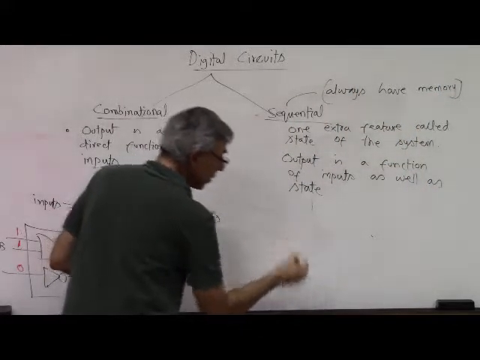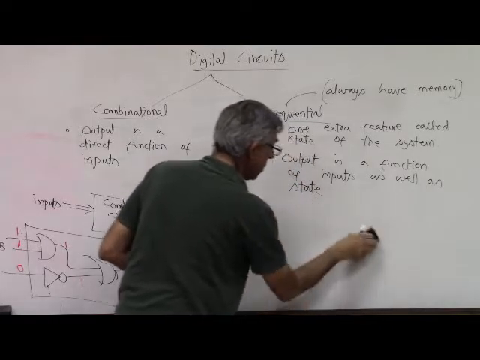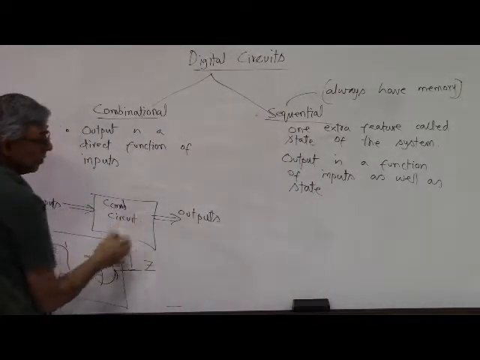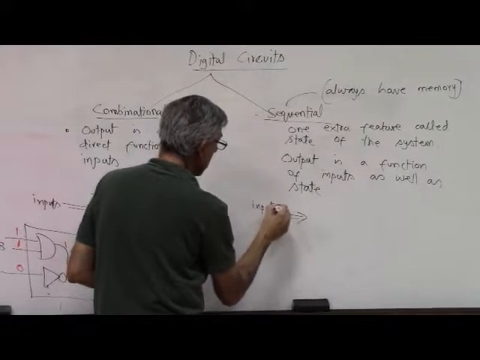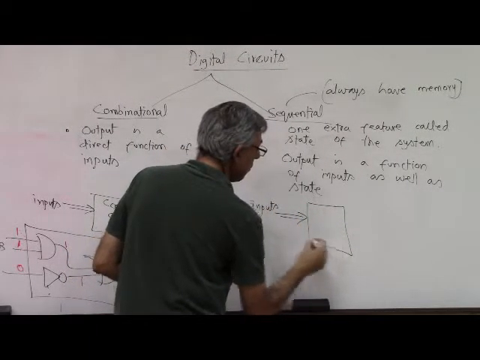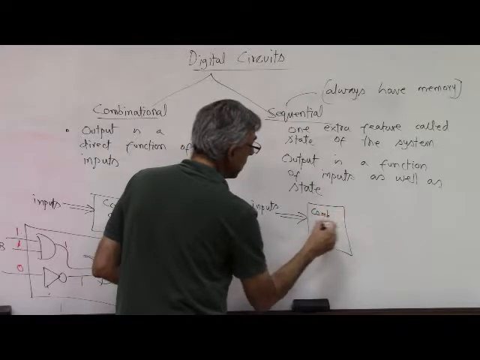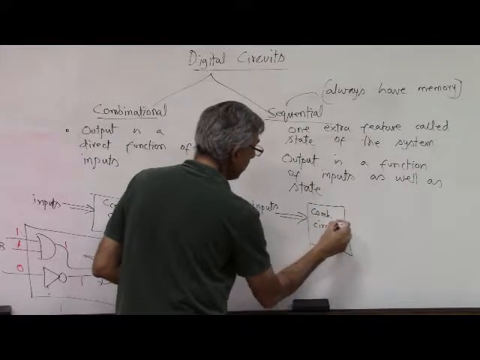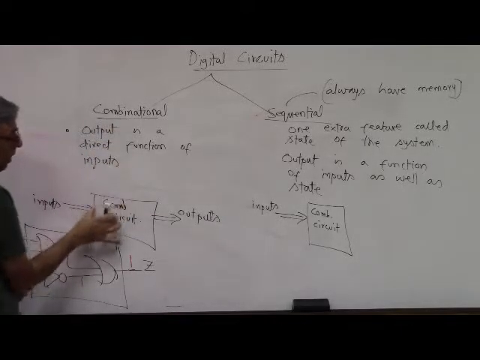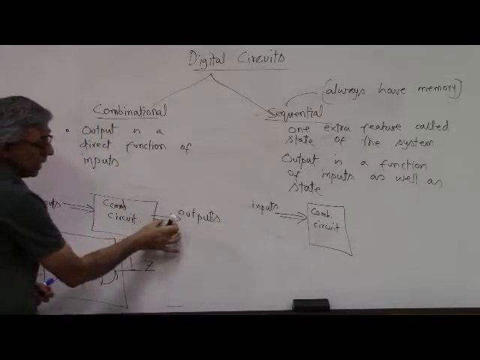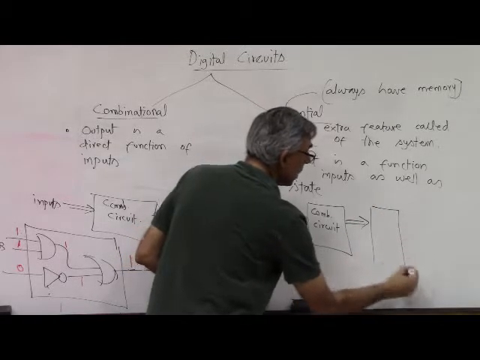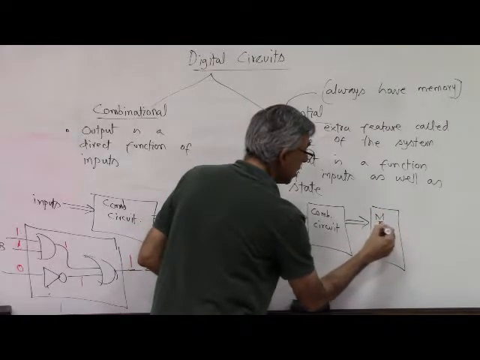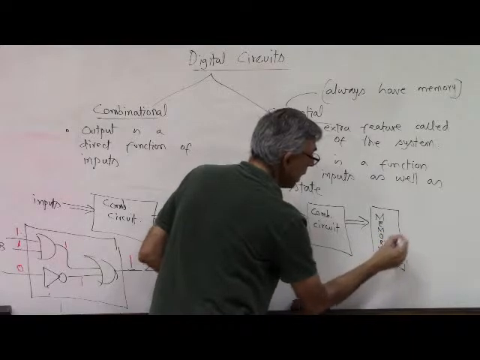So the general model goes like this. We'll compare the two together. We'll have some inputs. Then we will have a combinational circuit, just like the regular combinational circuit. But rather than getting the outputs over here, these will go to some kind of memory.